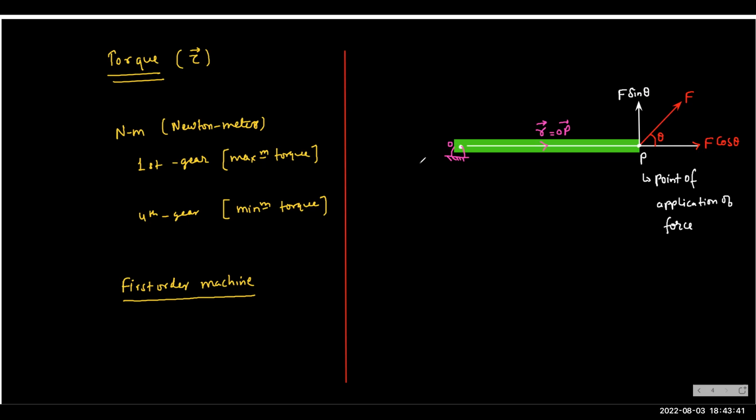So the torque of a force about a point O is that component of force which can create the turning effect multiplied by the perpendicular separation from O, which is R. It's the same logic. You can see in the cross product, the logic remains the same across physics.